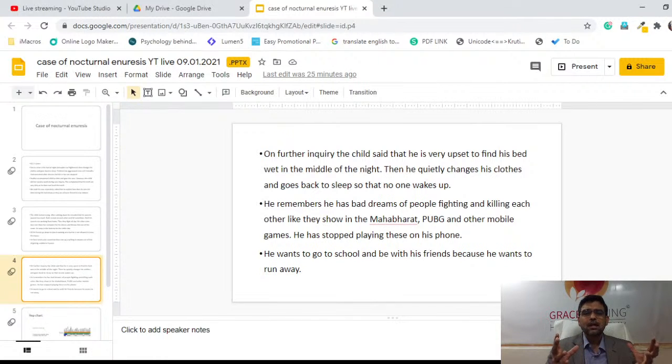Such a simple case, no hassles, nothing to interpret deeply, like how to interpret a magnesium or a carcinosin or a lycopodium. No need to ask, because the history was already taken. Dreams of Battle. Can anybody give me the answer? Which are the remedies that have dreams of battle?